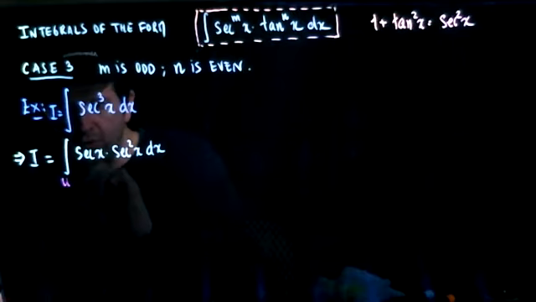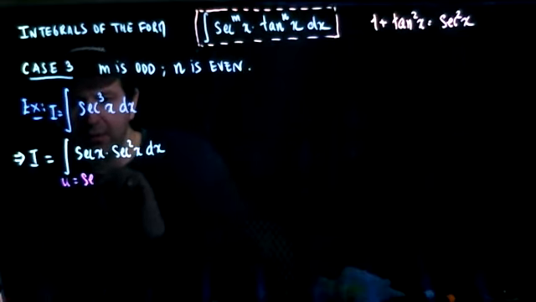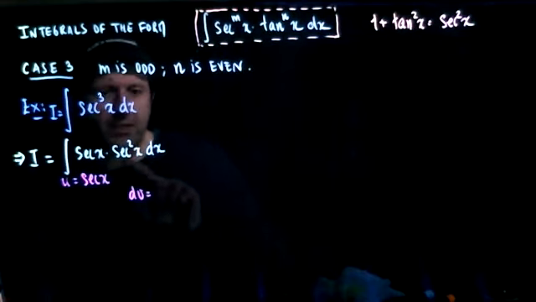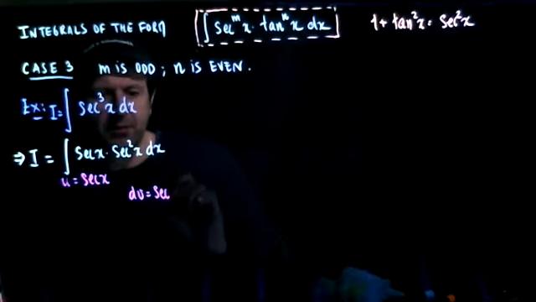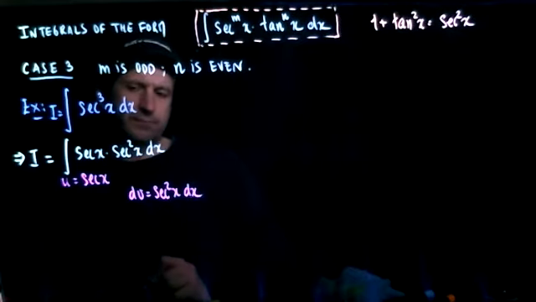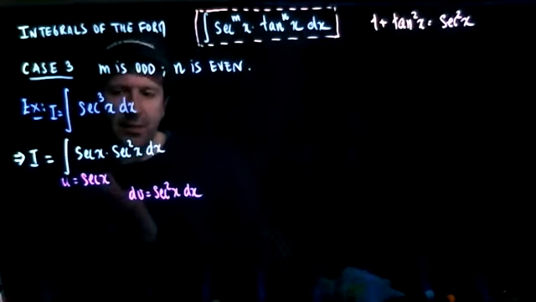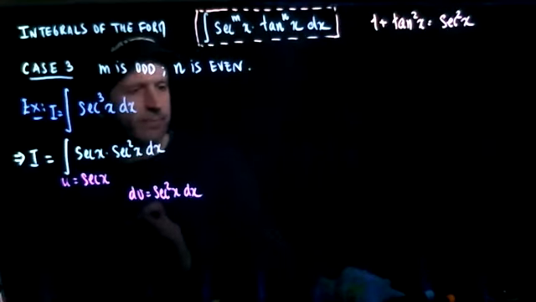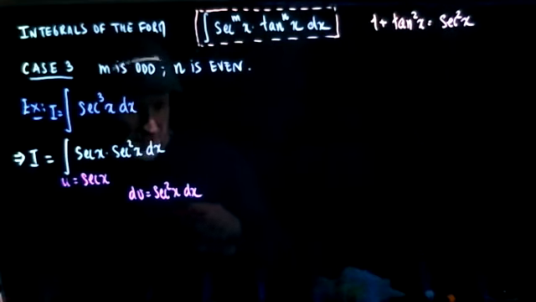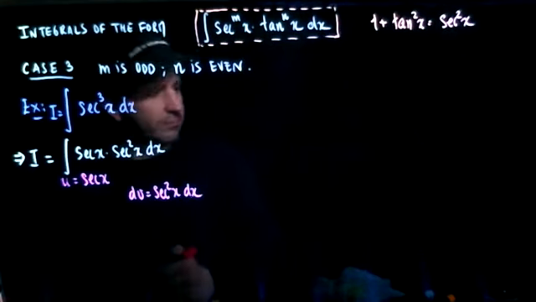So I will do u is secant, and dv will be secant squared x dx. Why did I partition it this way? Because the antiderivative of secant squared, I know.